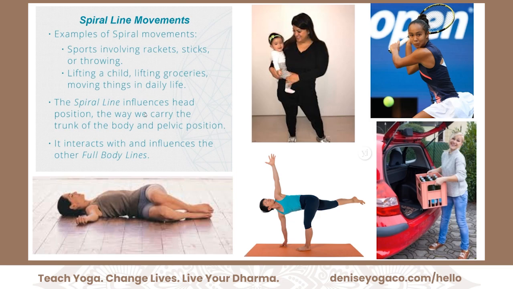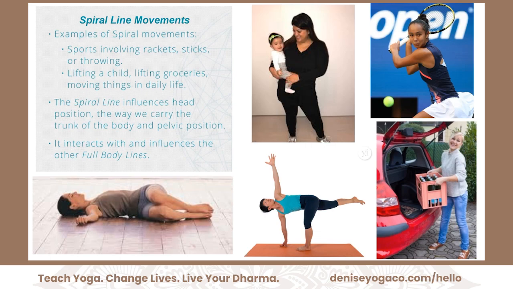Now, the spiral line influences head position as well. It's also affected by the body following the gaze. So this is something to keep in mind. It doesn't have as direct a connection as the superficial back line to the optic nerve. But again, this is the way the body is wired, and those erector spinae muscles that are also part of this line are influenced by head position.